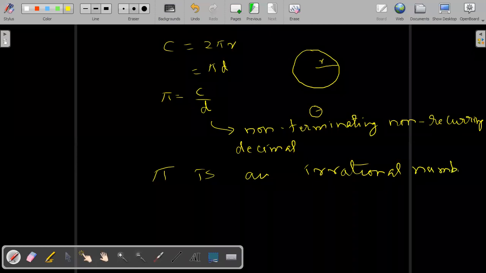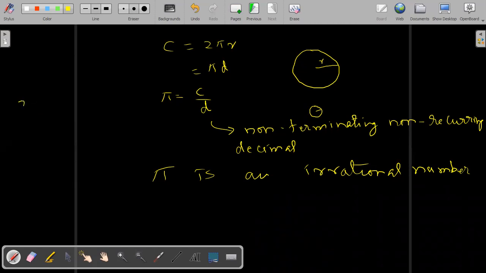So this is the fact actually. Whenever you find any circle, if you find circumference divided by diameter, you will get this value 3.142 and so on, like this. It will never end. So that's why this is the special case. Hope you understood.